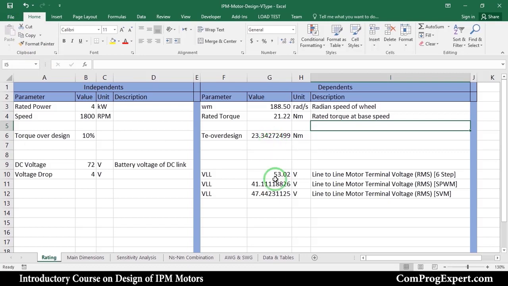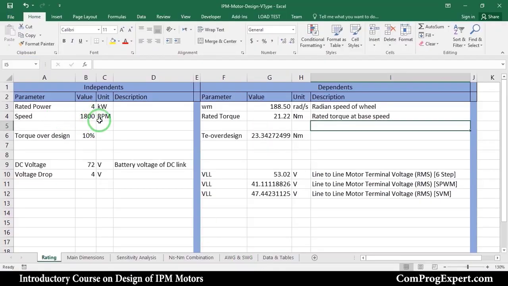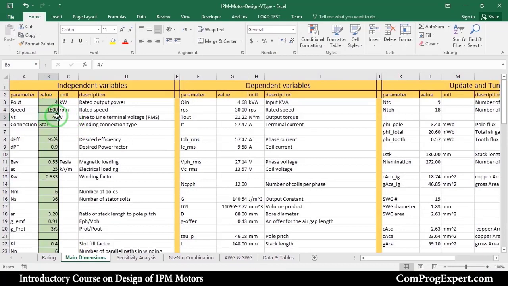So if we select this point as a steady state operating point, and if we consider 10% our design in electrical torque and 10% our design in speed, how should we fill these cells, the numbers here?